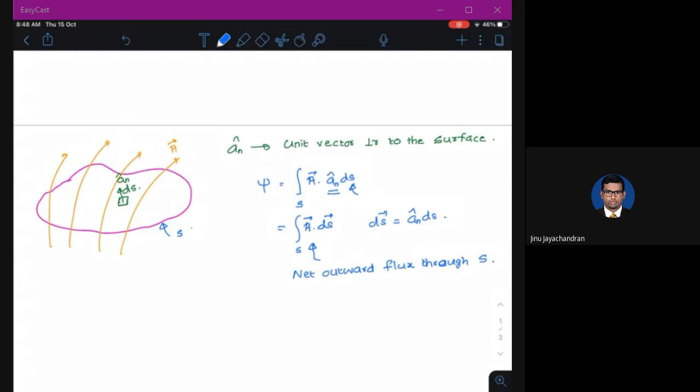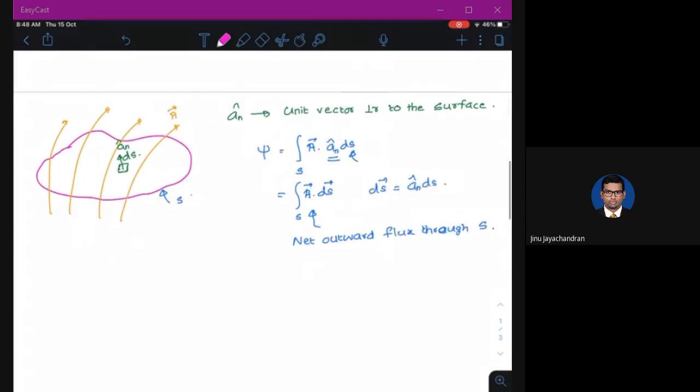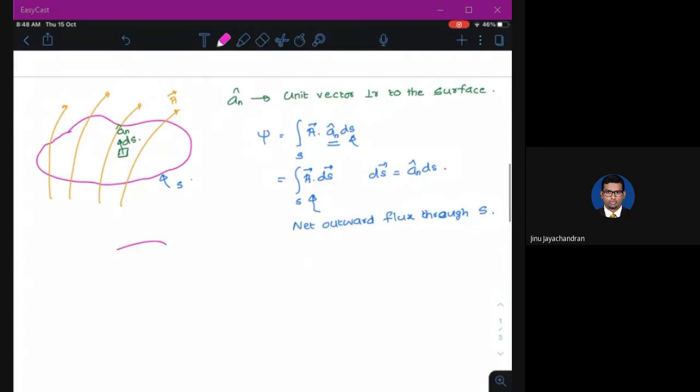The surface integral will give me the net outward flux. For example, flux, let's consider a surface in which the vector is going like this, crossing the surface. Some vectors are going downwards, crossing the surface.